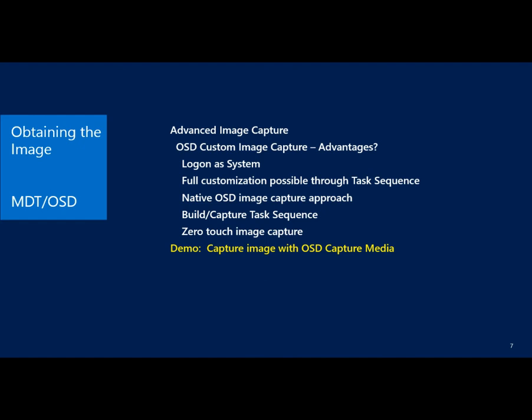With the MDT user profile kind of thing and those manual steps that you might do when you pause the task sequence during the capture process, you can customize all of those through the task sequence. The real advantage is that you take the manual effort out of the process, and instead you allow the system to automate the process of deploying whatever it is you want and capture from there.